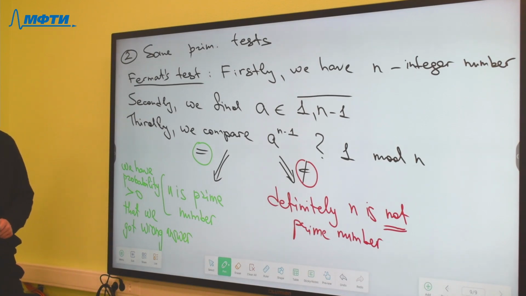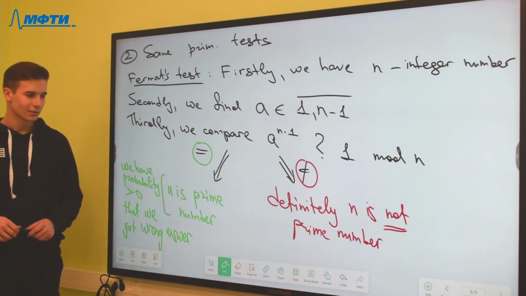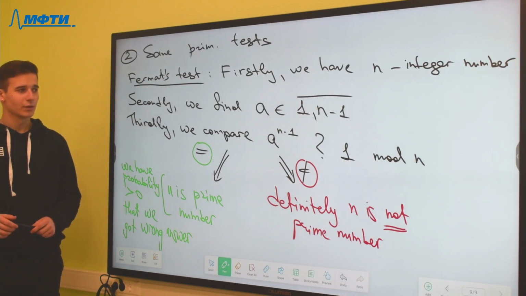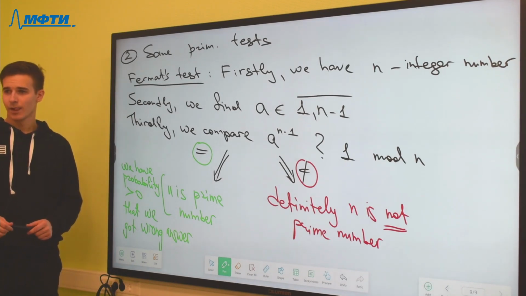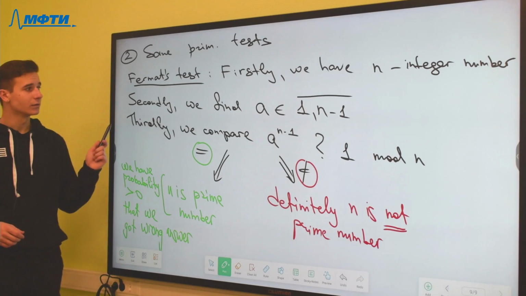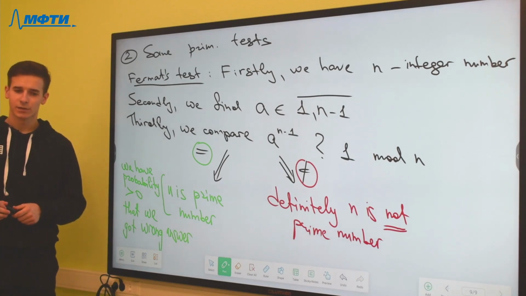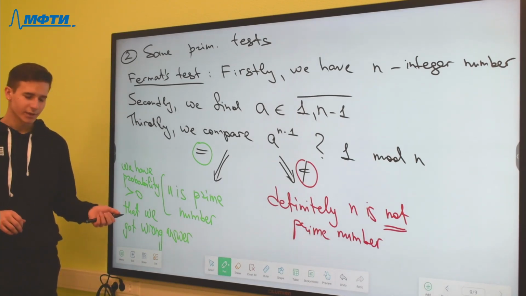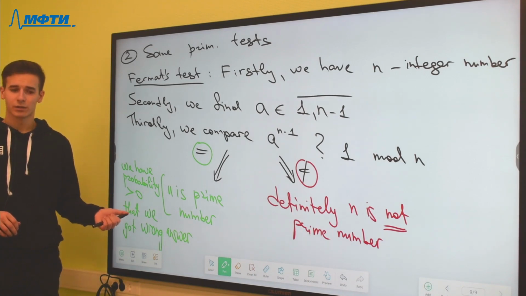So of course in most cases we have a right answer here, but we want to find other tests such that we get a wrong answer in fewer cases.